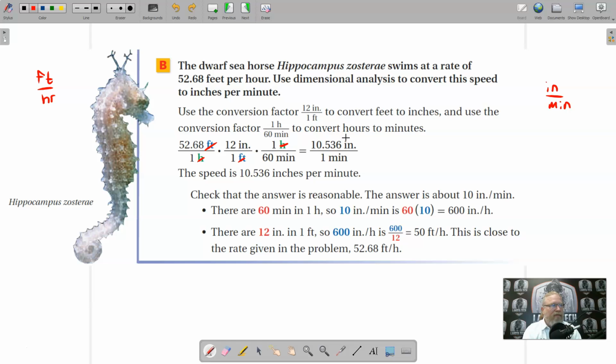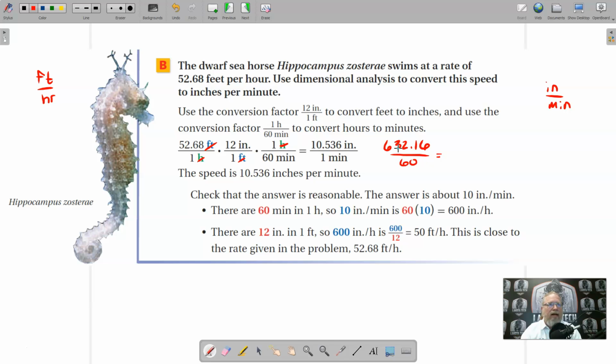So if we do the 52.68, and I'm going to multiply that times 12, that's going to give us 632.16. Now we're going to do 1 times 1 times 60, which is going to equal 60. Now if we get to a unit rate, just 1 minute, because this is 60 minutes, we want to get to just 1 minute.